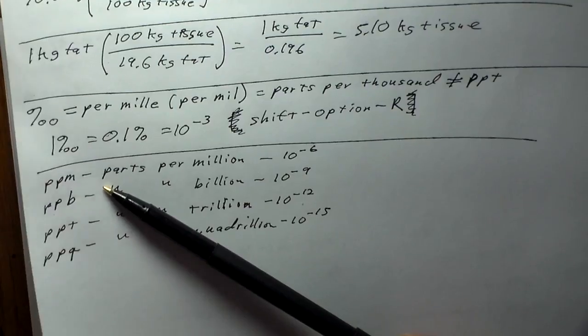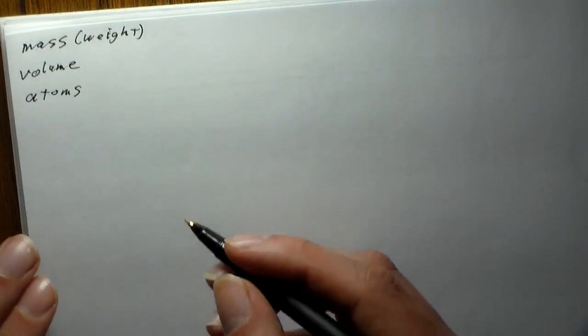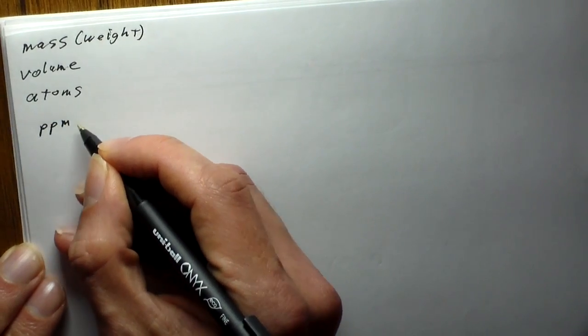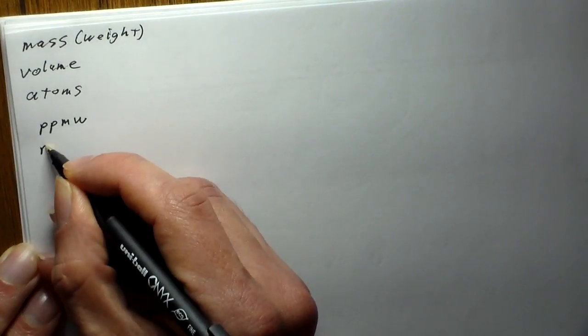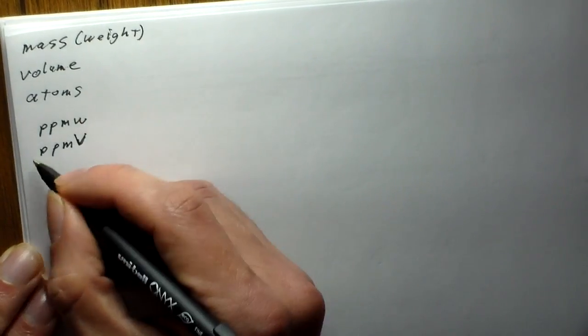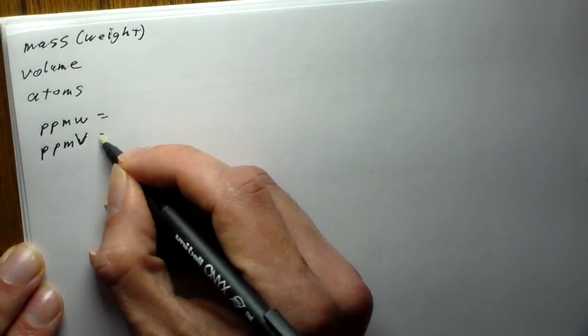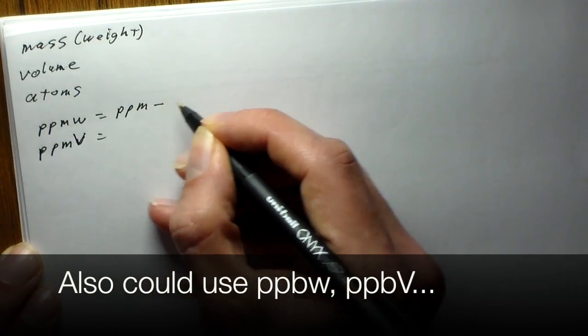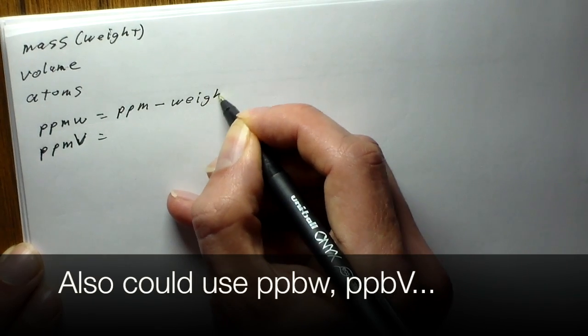Now, to relieve some of this ambiguity, they use, for instance, the ppmw, or the ppmv. Right? So this would be equivalent to your parts per million, but here you're dealing with the weight.